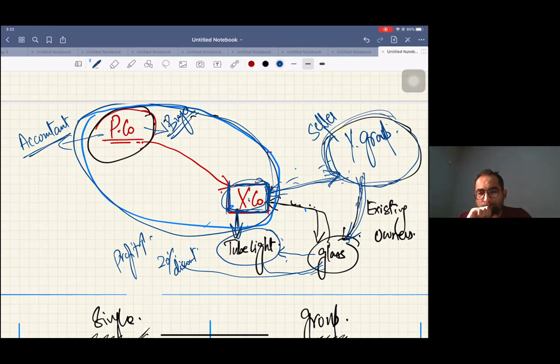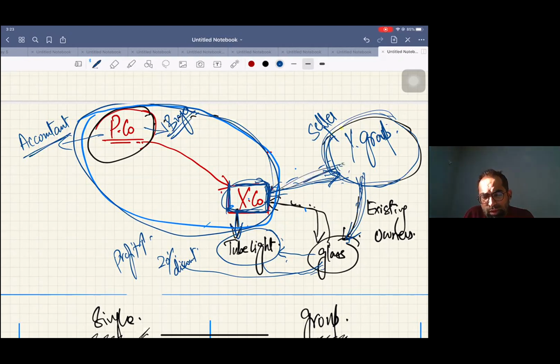Number two, right now the parent company is not the owner of X company. Please look at me and be very active. Right now the owners are these people, Y group of companies.